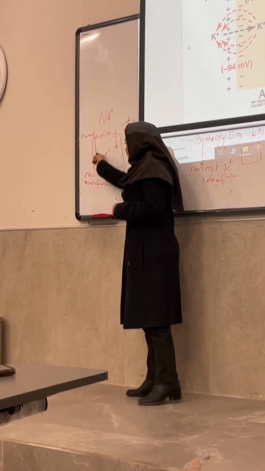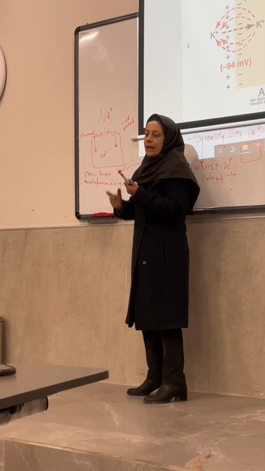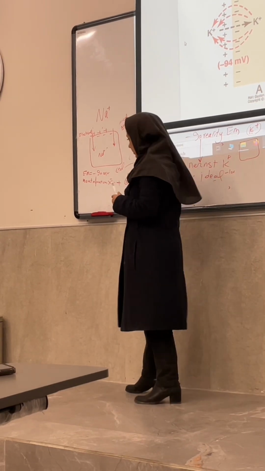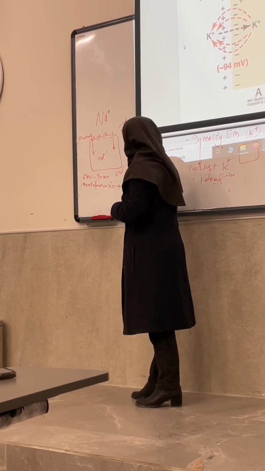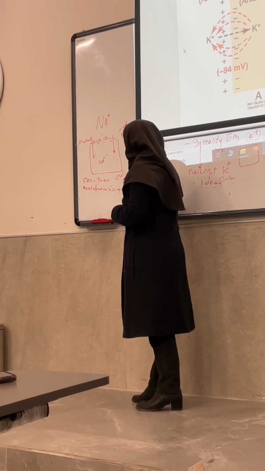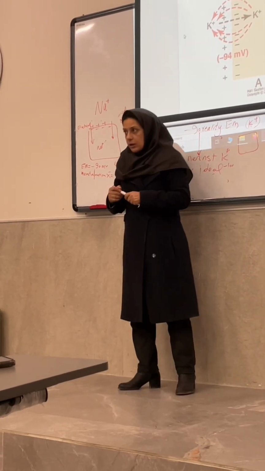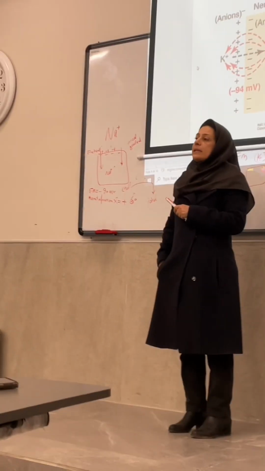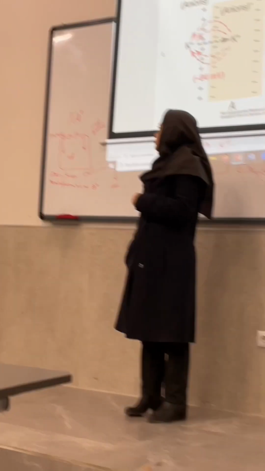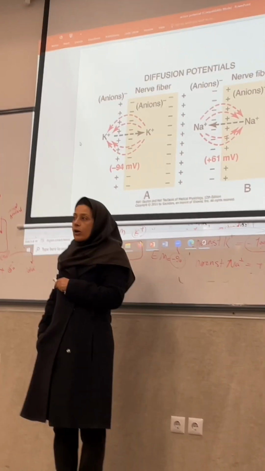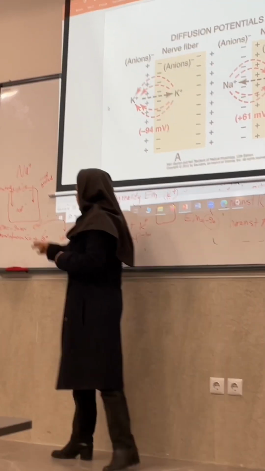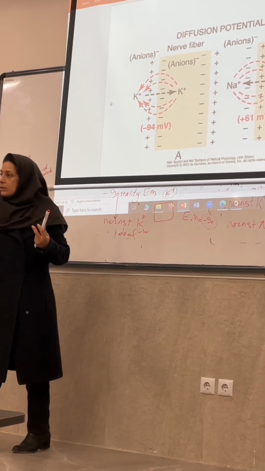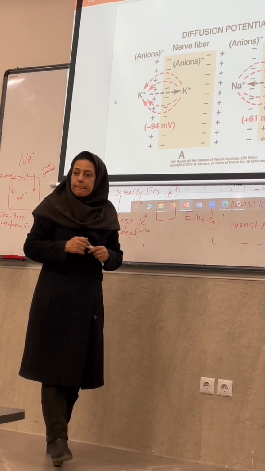Both of them must be in accordance with each other, okay? After drawing these two correctly, then compare these two together. This is the reality, this is the ideal of the sodium. It wants to reach positive. How is it possible for sodium as a positive ion to make the membrane potential positive? By coming inside. So it's okay. Both of them are not opposites. Everything is confirming the other.